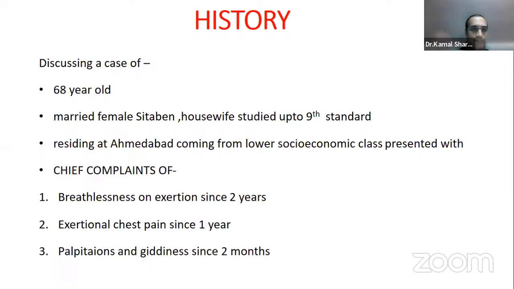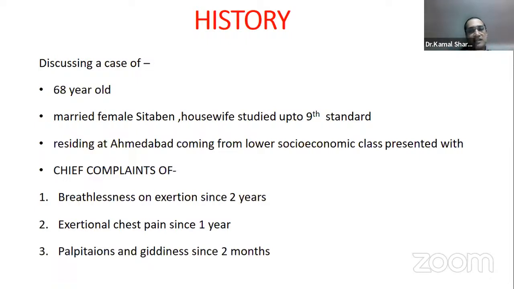So for example, you may say, respected teachers, I am presenting a long case of Sita Ben, who is a housewife, aged 68 years, is married and had studied till ninth standard. This is one way of formulating the introduction paragraph. Another way would be: respected teachers, I am discussing a case of a 68-year-old married female named Sita Ben, who is a housewife and had studied till ninth standard.